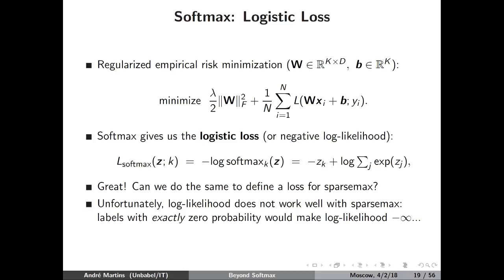This is what you have for multinomial logistic regression, or even if you prefer to think of neural networks, if you have a neural network for multi-class classification, and you are optimizing the cross entropy loss, which is what people typically do, then your last layer is going to use this loss. It takes the scores z, where you have one score for every label, and computes the minus log probability of the true class, which boils down to this expression.